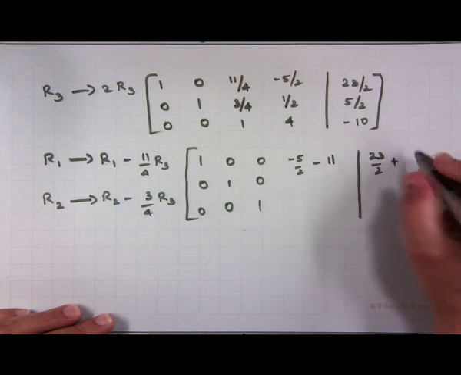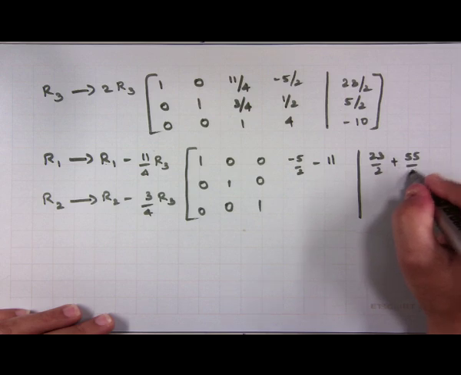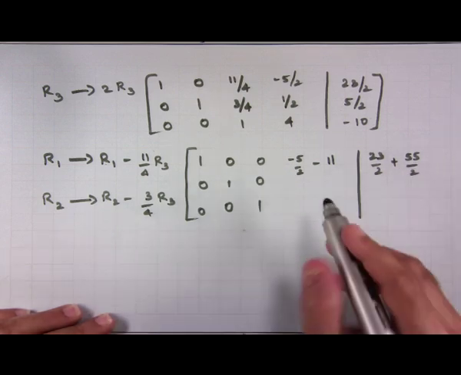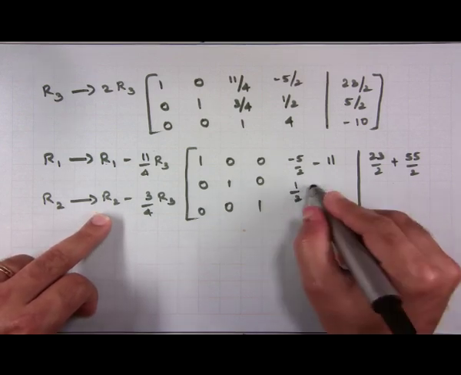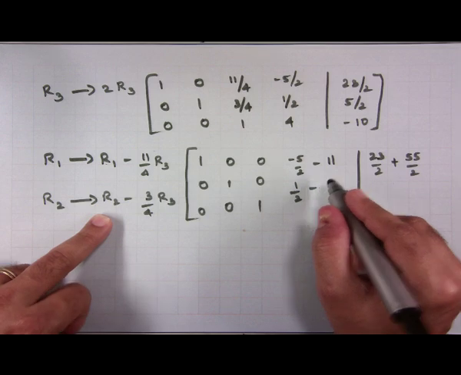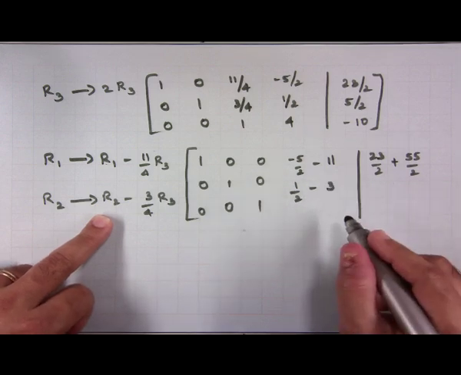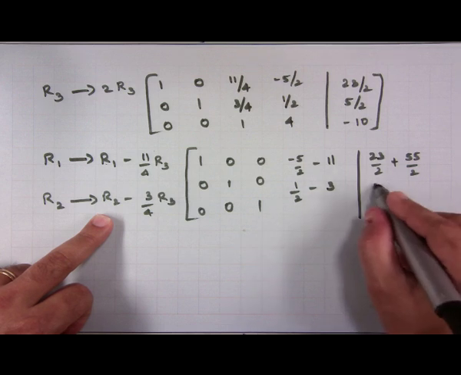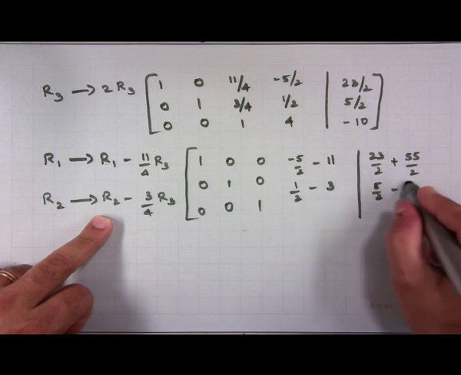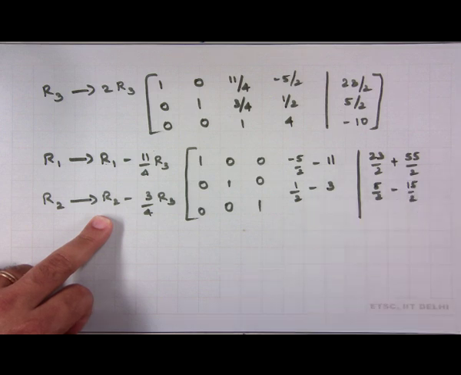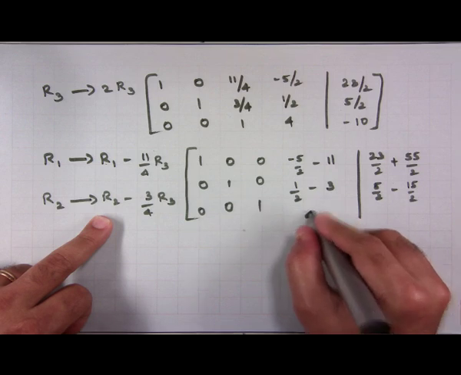So, you will have plus 55 by 2, second row, half minus 3 by 4 into 4, which will just give me 3, 5 by 2 minus 15 by 2, the last row remains as it is.